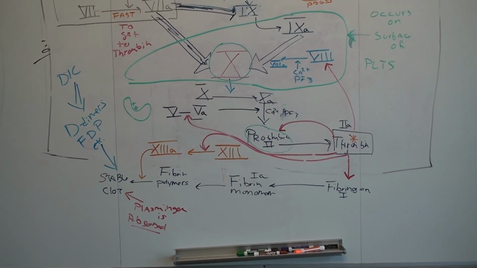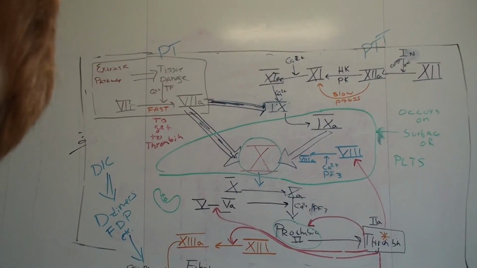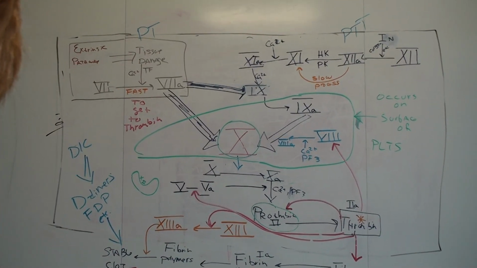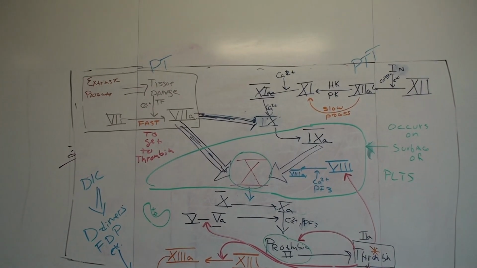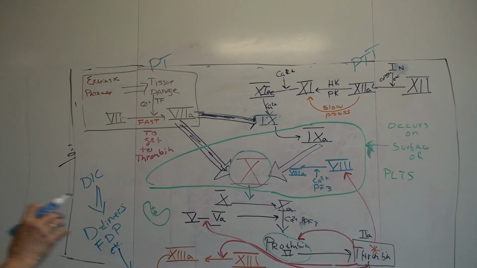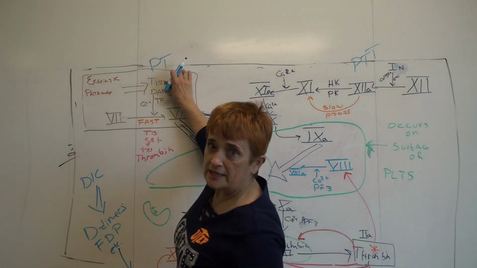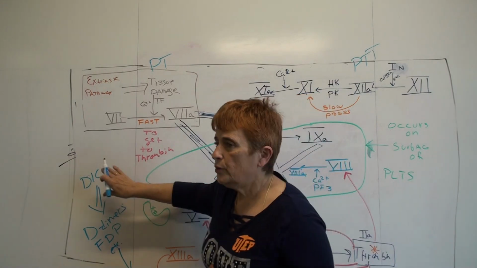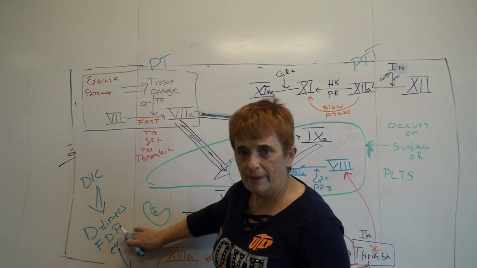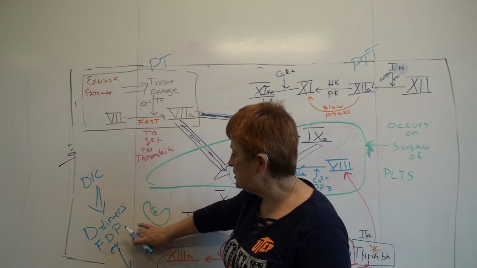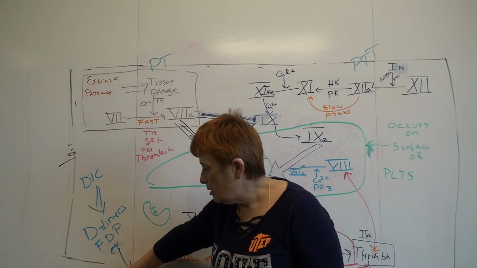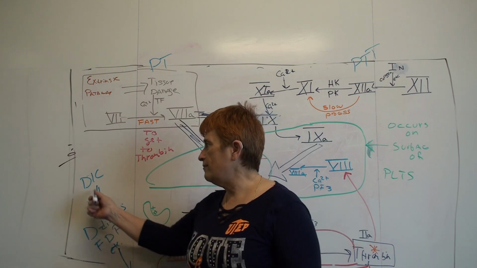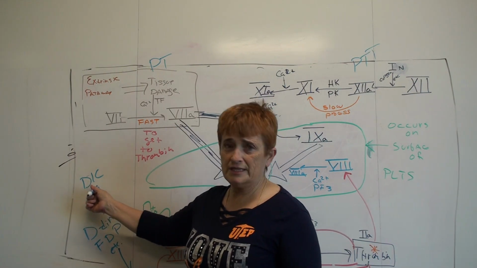Okay, so the testing we're doing here, the PT test for extrinsic, PTT for intrinsic. We're doing D-dimers or FDPs, fibrin degradation products, for your products of your clot lysing. And when we find a lot of that, that's really bad and it means they're in a DIC.